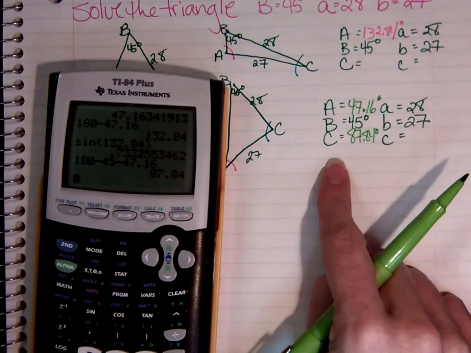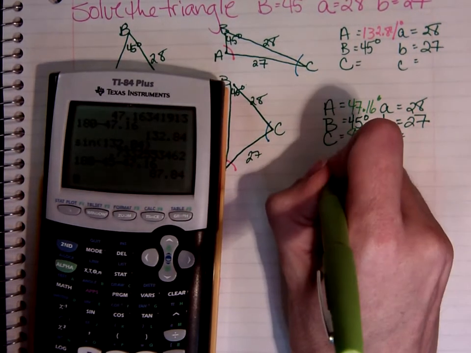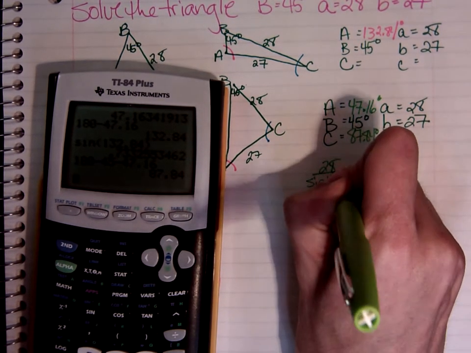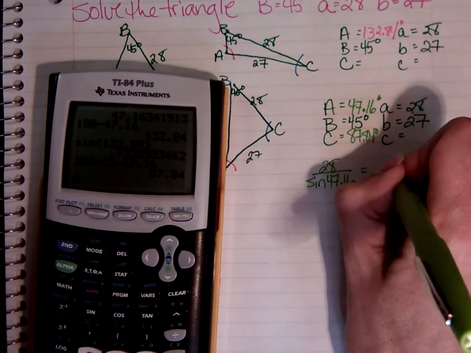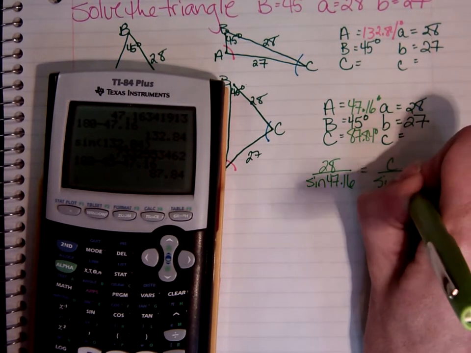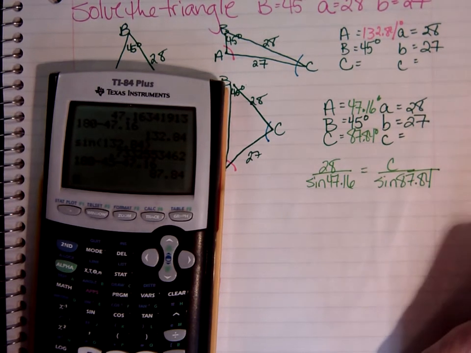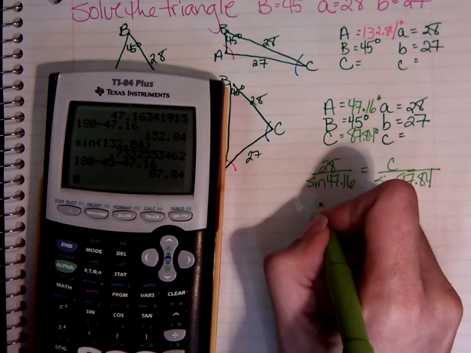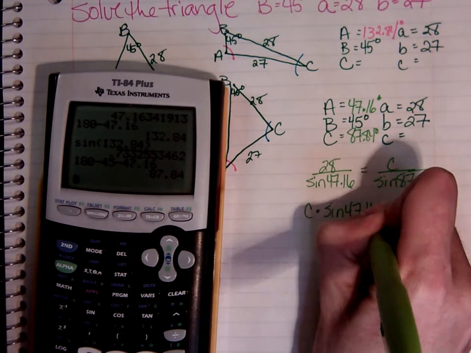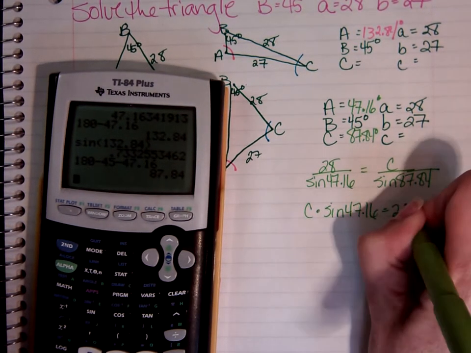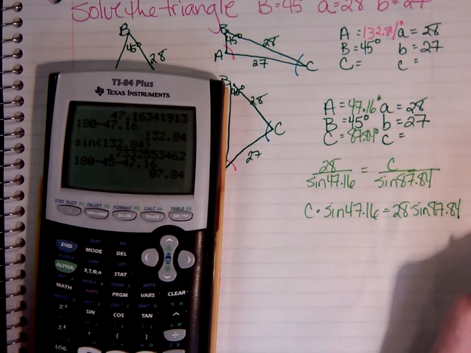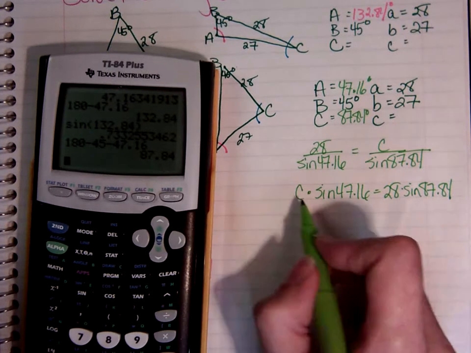And then we can set up 28 over the sine of 47.16 equals c over the sine of 87.84. c times the sine of 47.16 equals 28 times the sine of 87.84. Divide through.